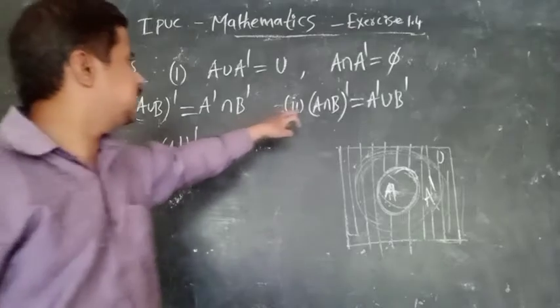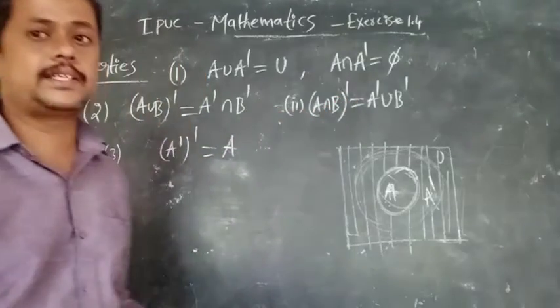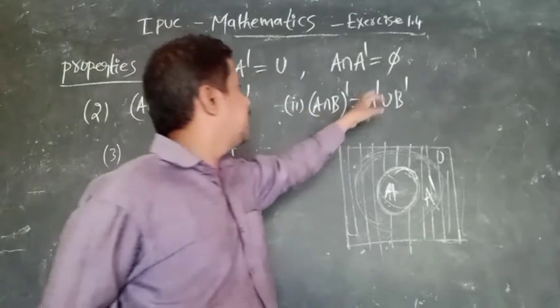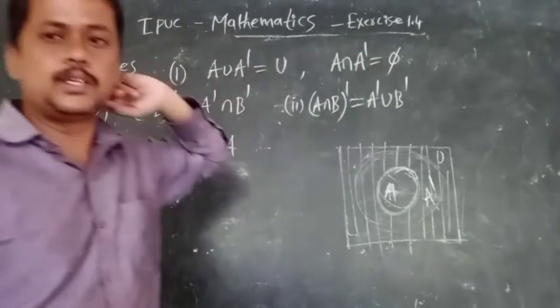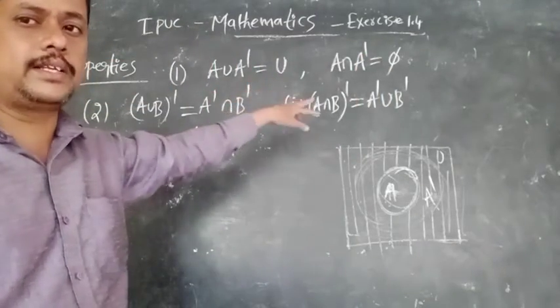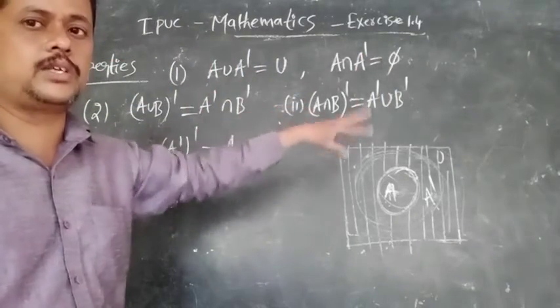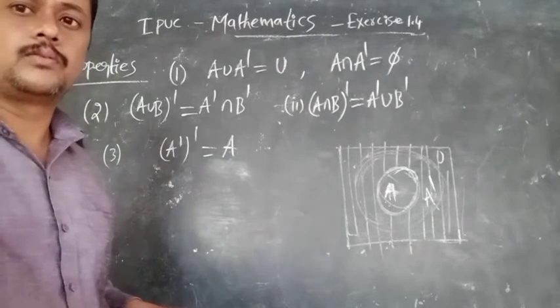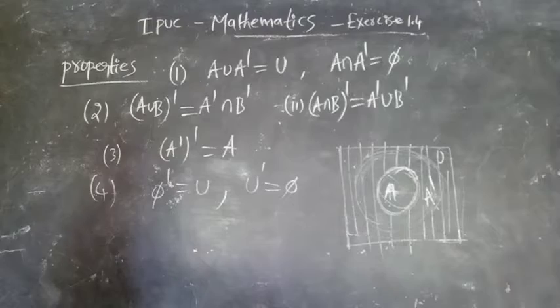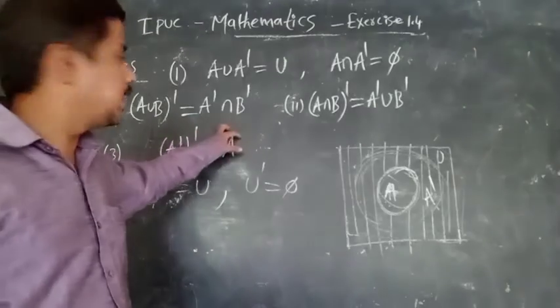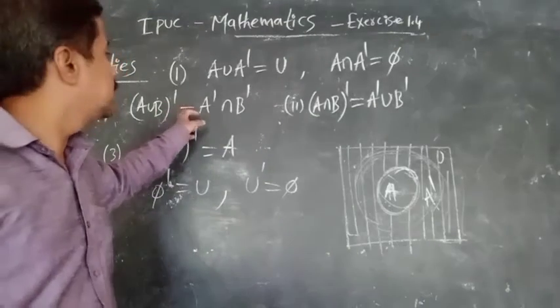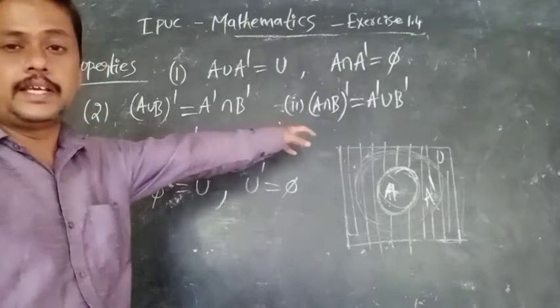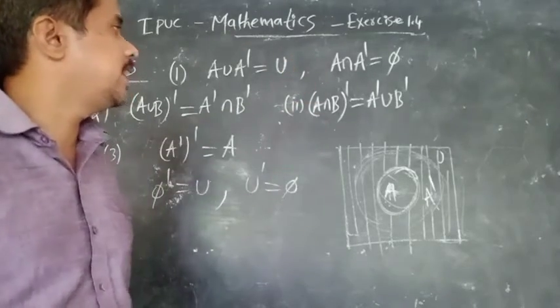Union becomes intersection. A intersection B whole dash equals to A dash union B dash. So these are one union, intersection, union. Like that you have to analyze. Okay? See, these are called De Morgan's laws. A union B whole dash equals to A dash intersection B dash. A intersection B whole dash equals to A dash union B dash.